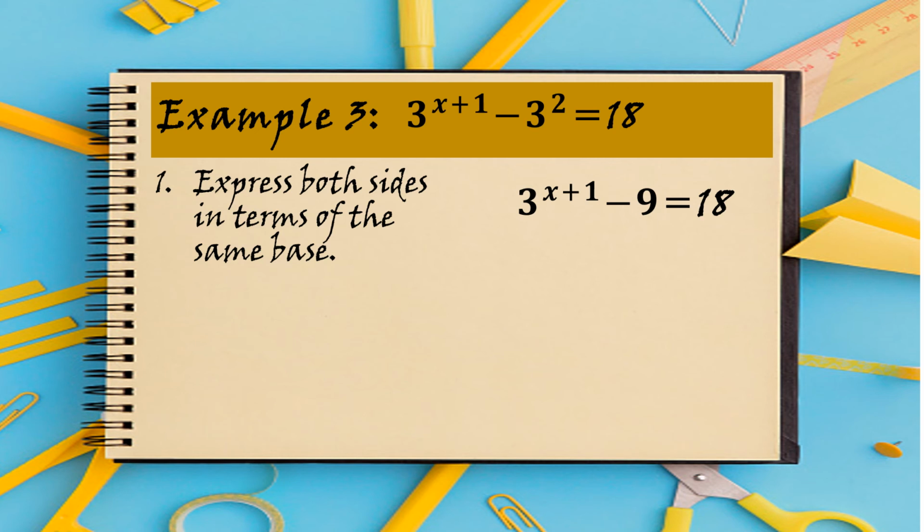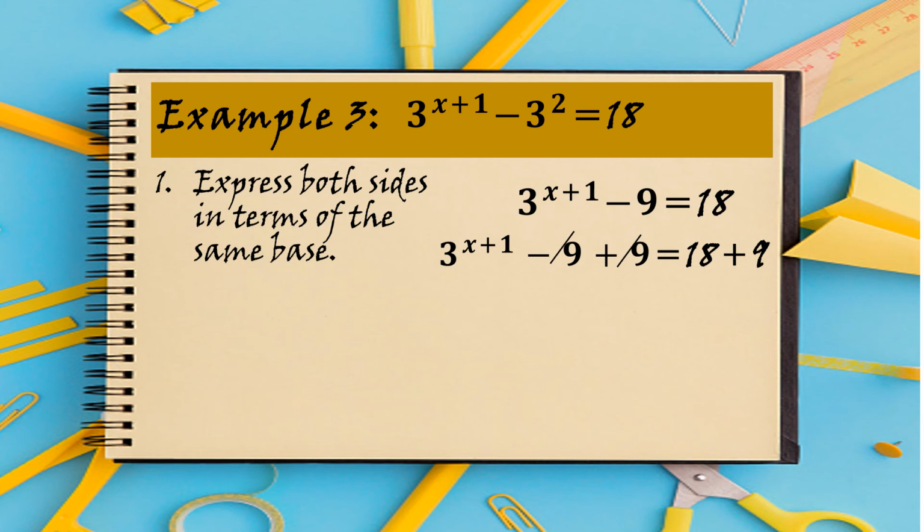So by the addition property of equality, you add positive 9 in both sides of the equation. So you cancel out negative 9 and positive 9, and then you add 18 and 9. So we remain with 3 raised to x plus 1 equals 27.